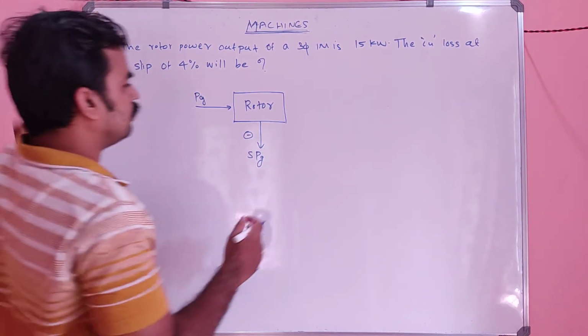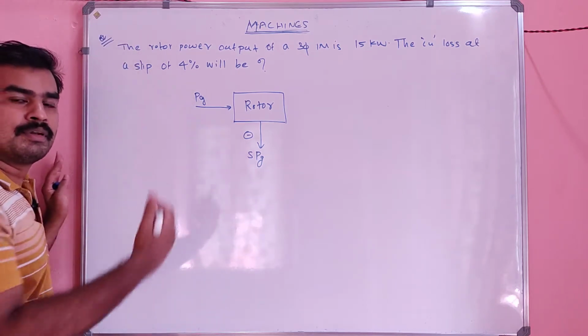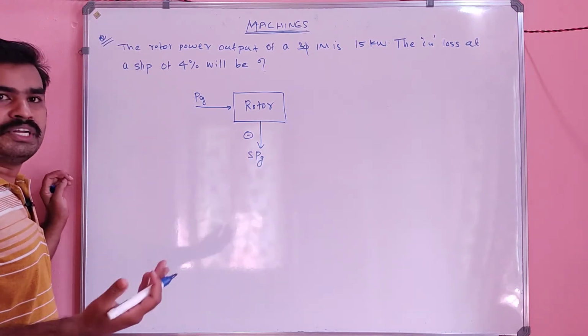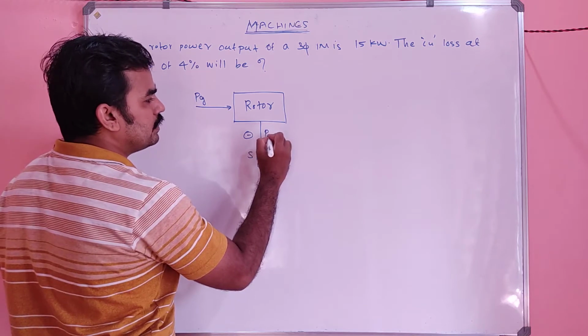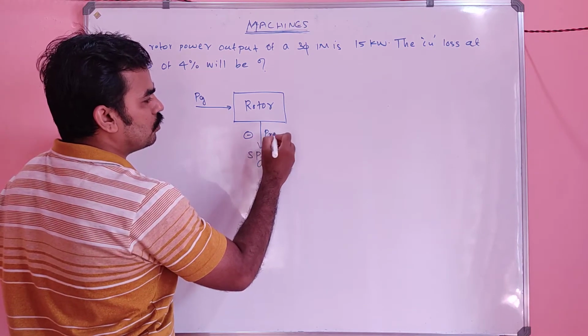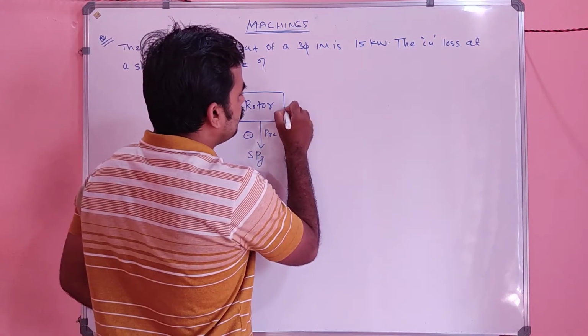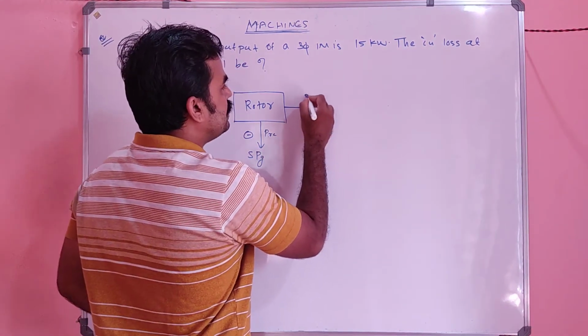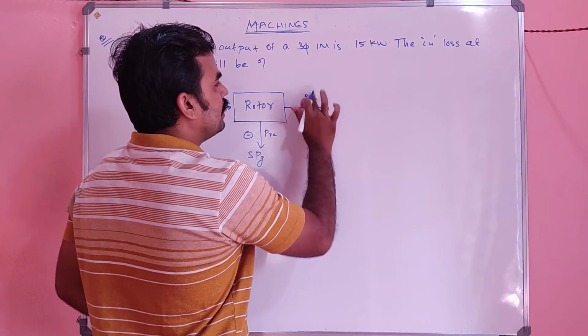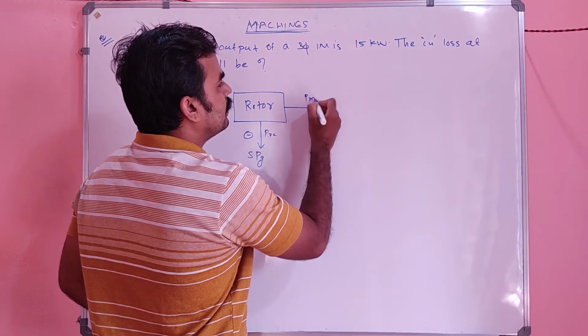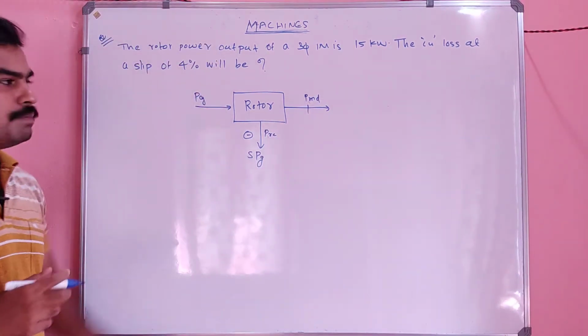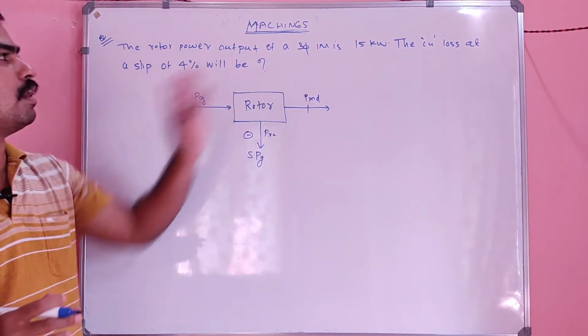I already explained that, the relation between copper loss and PG, you already know that. So this is nothing but PRC, rotor copper loss. PRC is nothing but S into PG. And after that, there is PM, that is the mechanical power developed, PMD. The mechanical power developed, that is the rotor output.